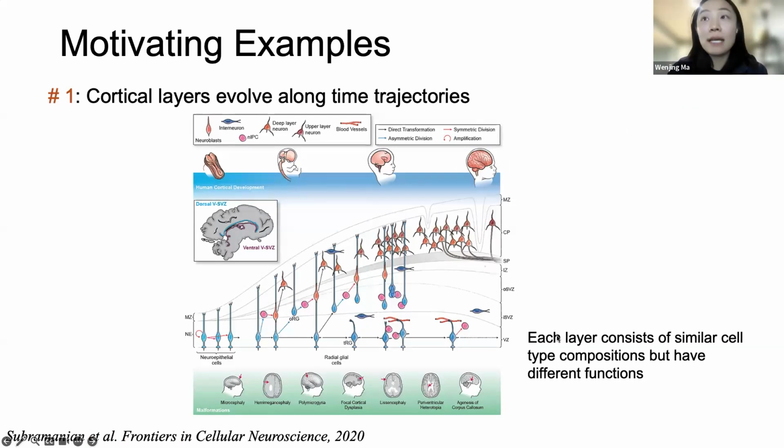Each layer might consist of a similar cell type composition, say a large proportion of neuronal cells and some non-neuronal cells like glial cells and oligodendrocytes. Although they have a very similar cell type composition, they might have different functions in each layer, and we want to identify that region or functional domain development along the time trajectory.